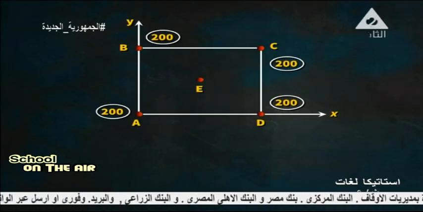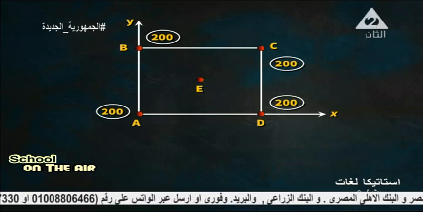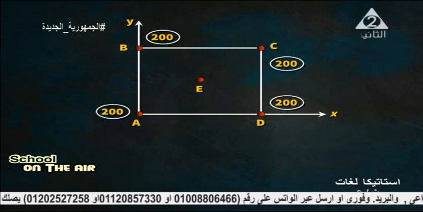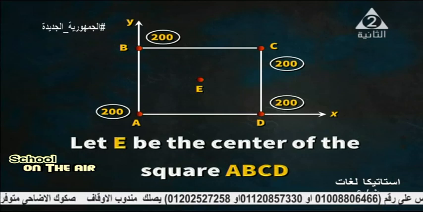We have 4 forces, 4 masses, each one 200, acting at A, B, C, and D. Let E be the center of the square.